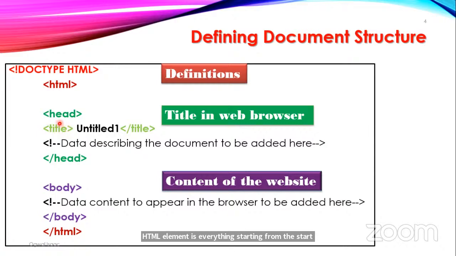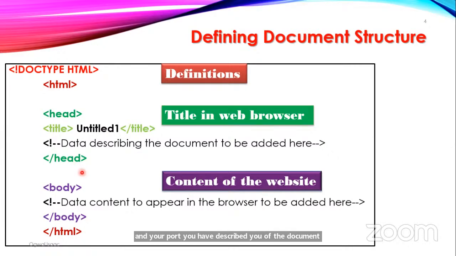This is our start tag, for instance, and this is our end tag. So everything within this start tag through to end tag is what we call the HTML element. I hope we have it now. So our head tag follows after you put the HTML tag. When the head tag is defined and you have described the title of the document, close the heading.